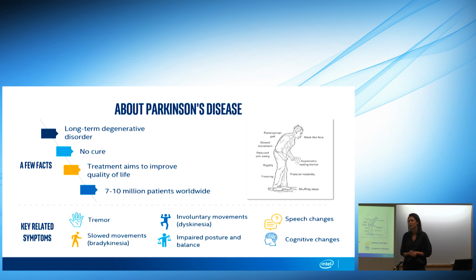Another important symptom is called dyskinesia, which is actually a side effect of starting to treat Parkinson's. It causes involuntary movements. As well as there are other movement aspects like balance, gait, asymmetry, and so on.